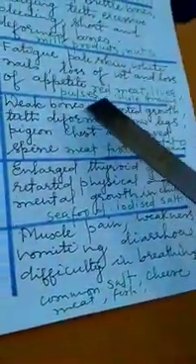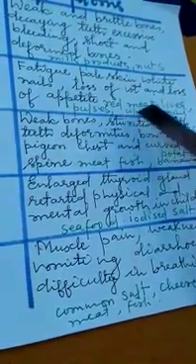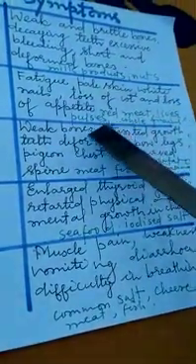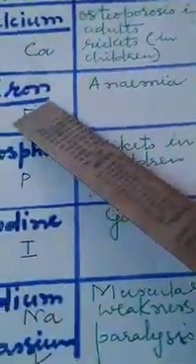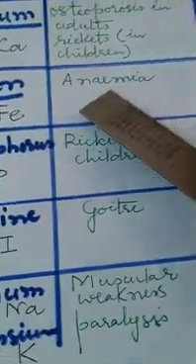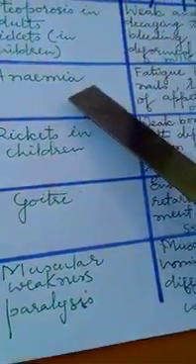The disease can be cured with the supplement of foods such as red meat, liver, pulses and whole grains. So, the disease caused by the deficiency of iron in our diet is anemia, and its symptoms are fatigue, pale skin, white nails.